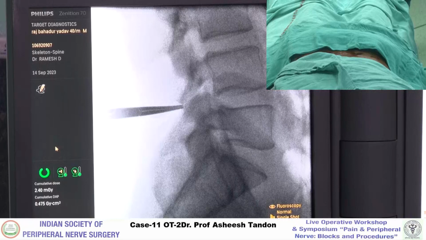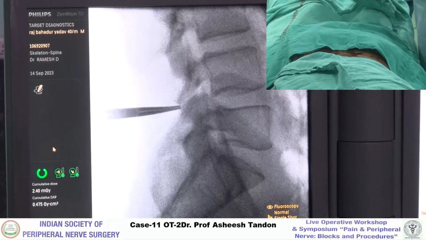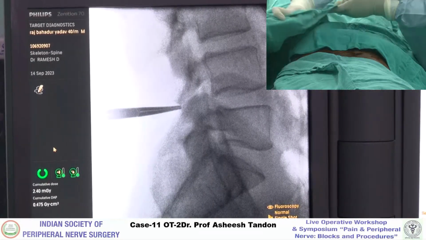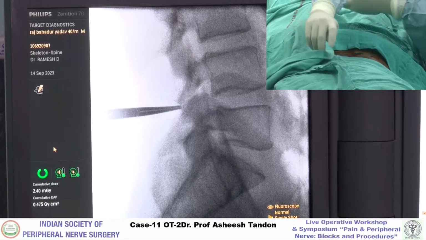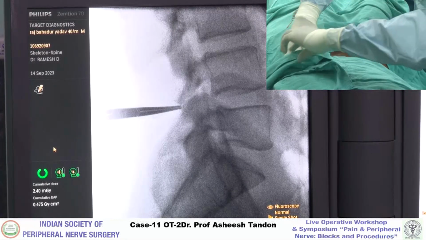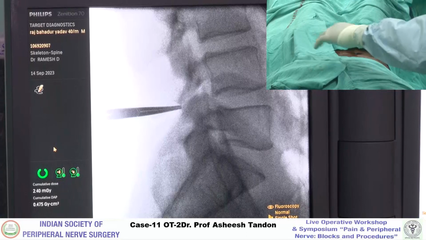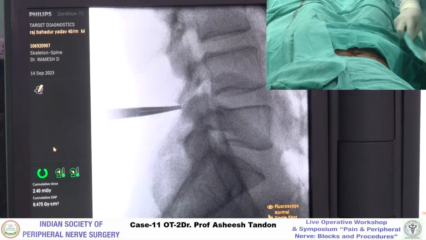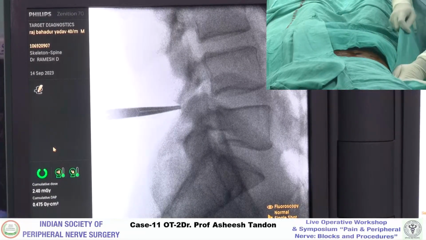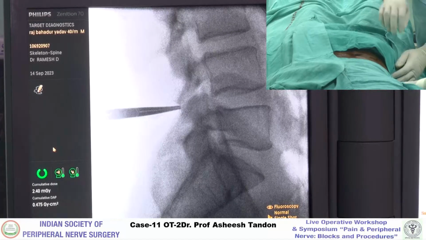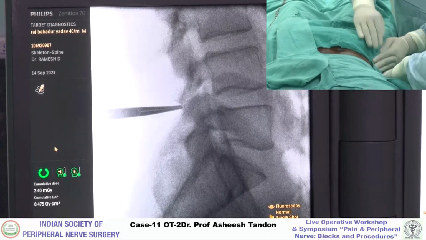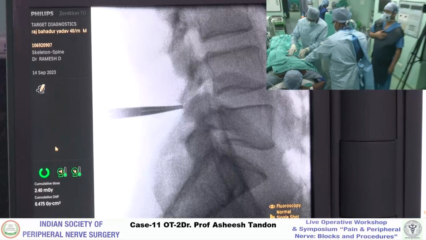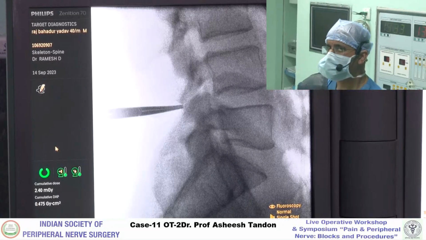Sorry? Systemic steroid, IV steroid. Is there any difference between systemic steroid versus this local steroid? What do you want to know? Can the same result be achieved by a high dose of IV steroid instead of this transforaminal local steroid?